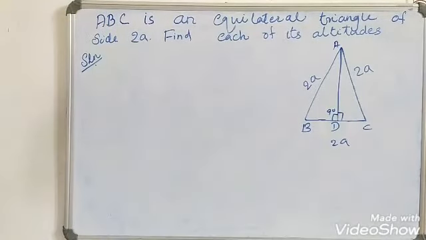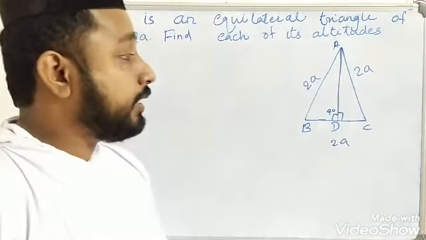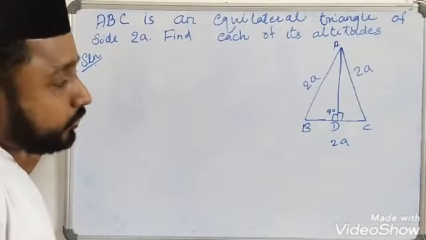ABC is an equilateral triangle of side 2a, and we have to find its altitude. All three sides are 2a.